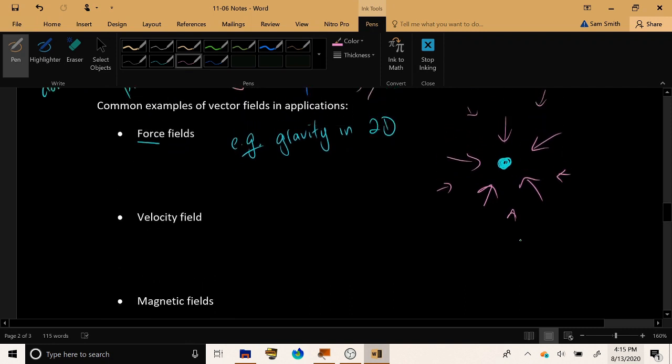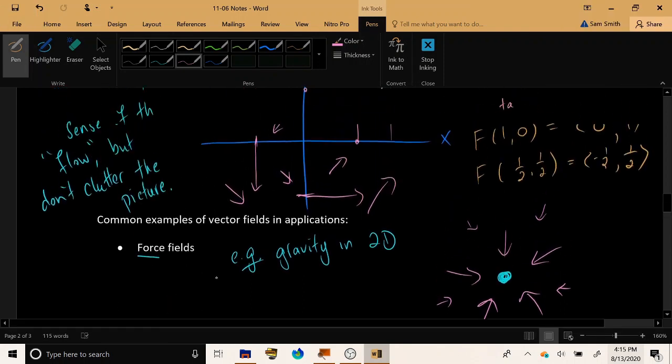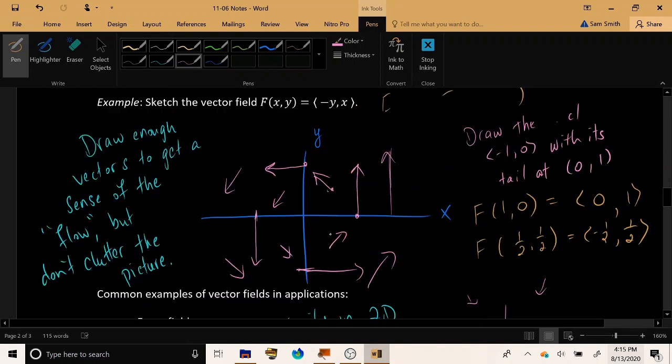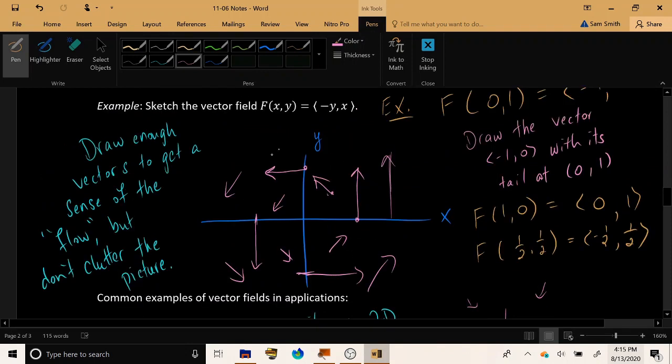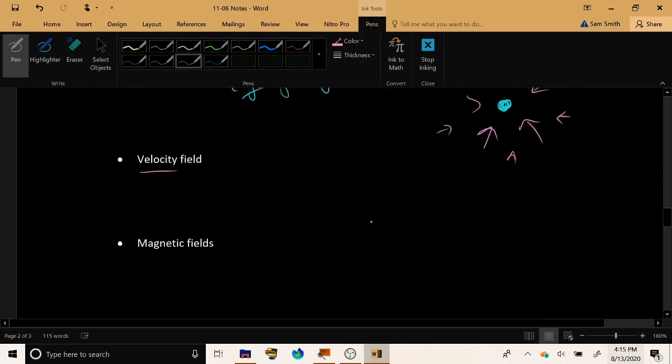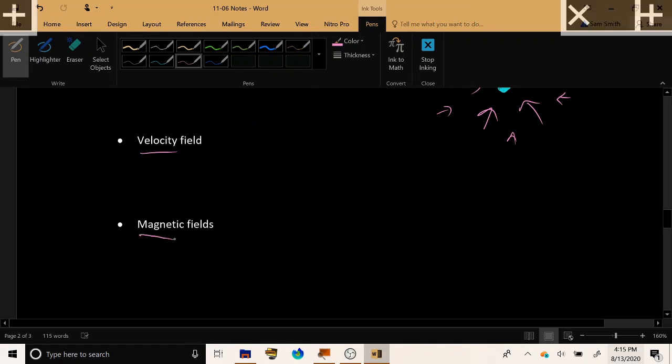Another type of vector field that you see quite often is a velocity field. That's what I think of probably when I see this swirling vector field up here. I think maybe of something like a whirlpool, where we're observing the movement and the velocity vectors of particles of water in a whirlpool or a maelstrom, or something of that nature. As well, you can represent magnetic fields using vector fields.